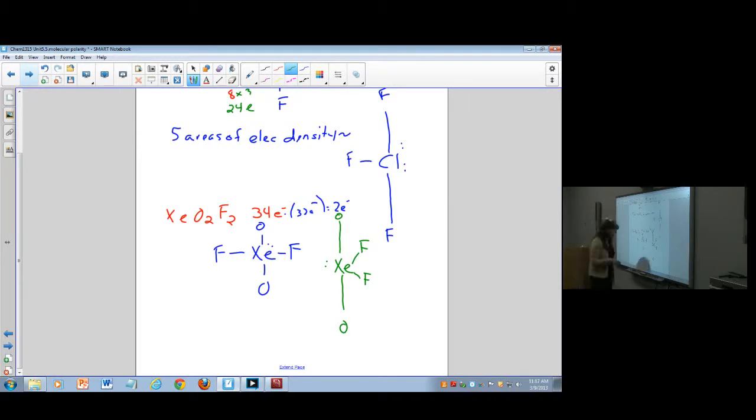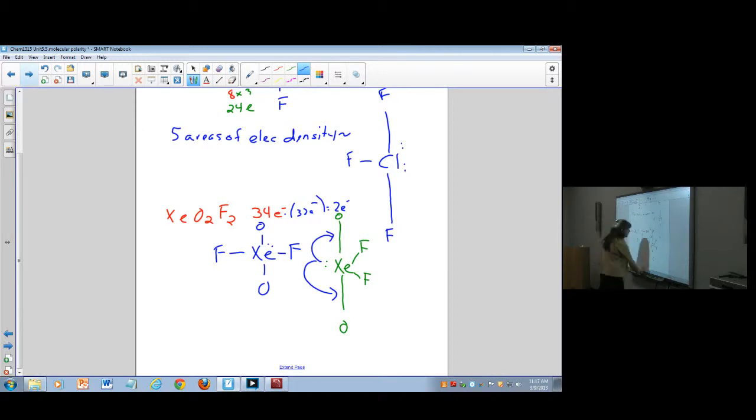Now I can look at that and I can say, well, what happens to the angle between the lone pairs of electrons and either one of these atoms in the axial plane? Basically nothing, okay? There's not that much influence between planes.